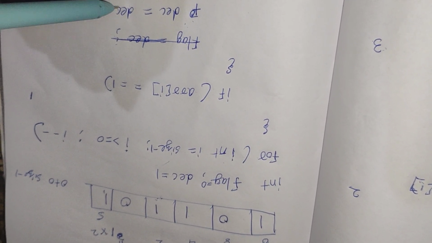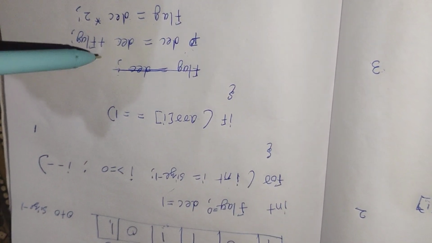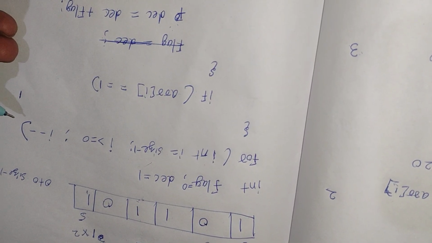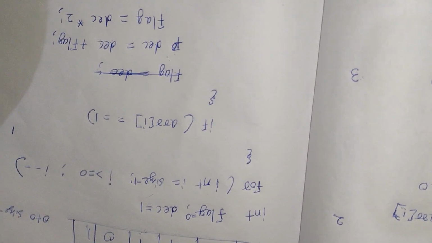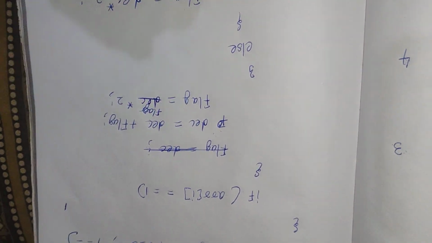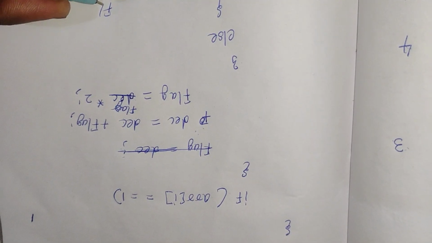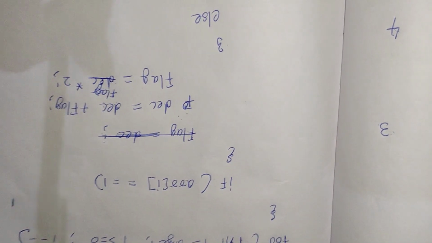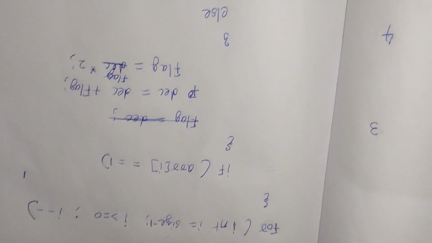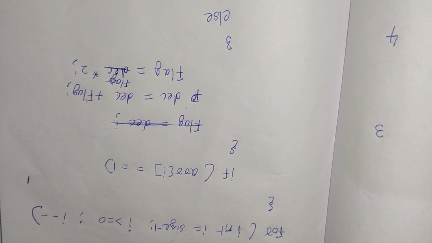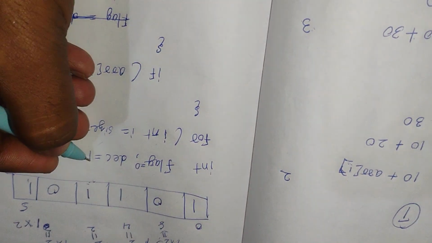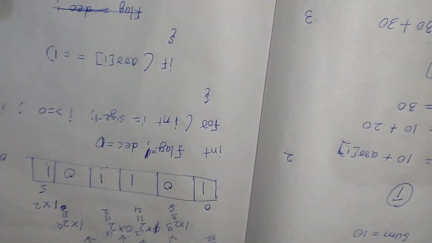The decimal value is 1. 1 plus 2, 3. Okay, this is flag, not decimal.